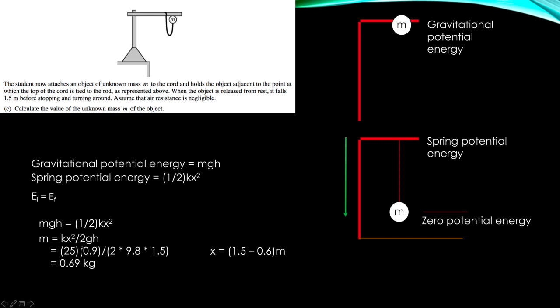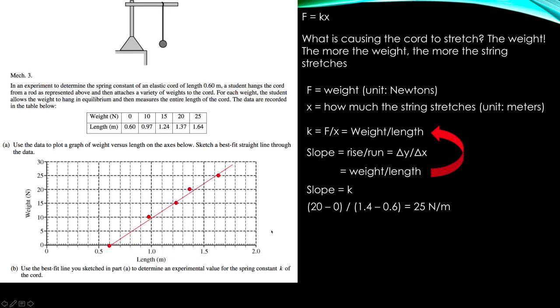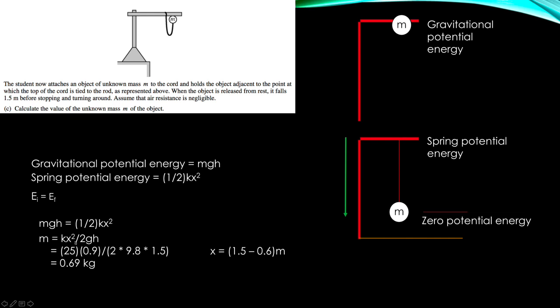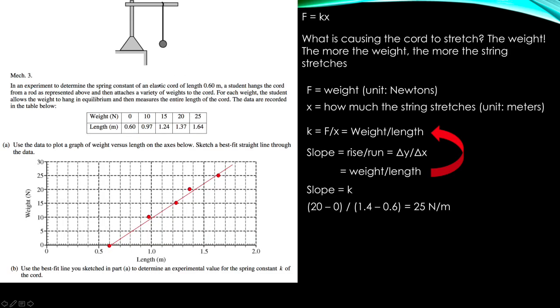So in the previous part, if you remember, we found that k is equal to 25 newtons per meter. And then for x, it's 0.9 meters. That might be confusing at first because here it says that it falls 1.5 meters. But if you remember, in the question at the beginning, it said that the length of the cord is 0.6 meters.